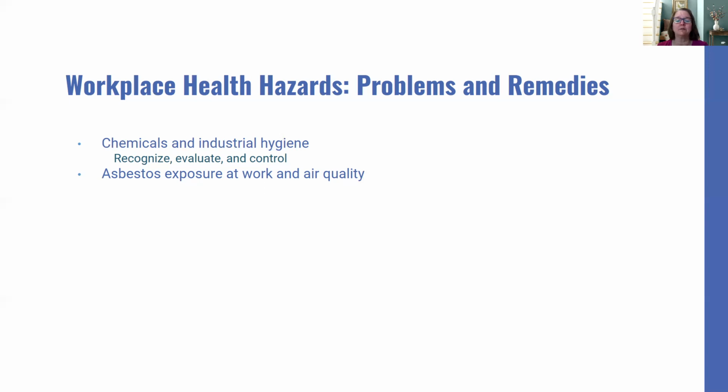This typically involves conducting plant and facility walk-around surveys, employee interviews, record reviews, and reviews of government and non-government standards. So once a manager identifies a possible hazard, evaluation involves determining how severe it is and eliminating or reducing the hazard.